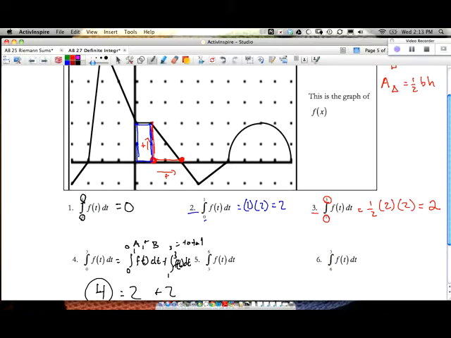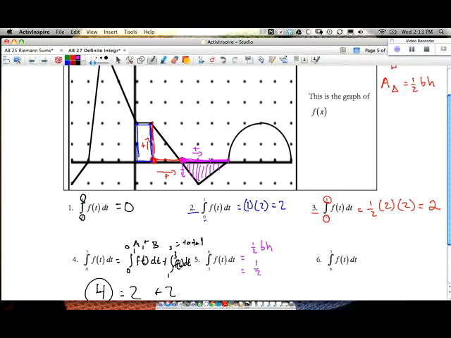For number 5 here, we're going from 3 to 6. So I'm going to do this in purple. This is right here at 3. We go 4, 5, 6. So this is a triangle. We've got a base here, and it's moving in the right direction, so that's positive. But now the curve down here is below the x-axis, so that's going to be negative. This is equal to 1/2 base times height.